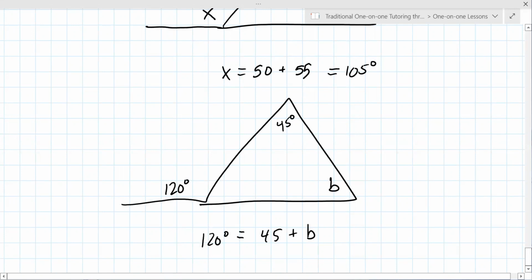Do you see that? Yeah. I'm seeing that. So how do you solve for B? Well, you should divide. Why would you divide?